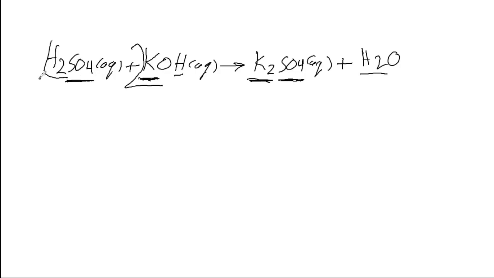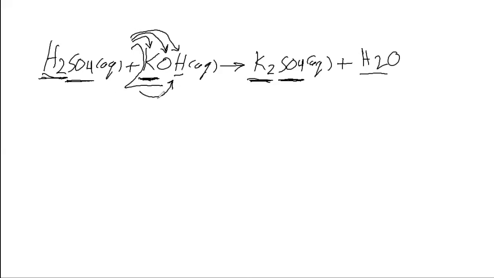Hydrogen on the reacting side, we have 2 here and 2 here, so it will be 4. Look here, guys. The coefficient number multiplies everything on the right side of it. So here we will have 2 oxygen, 2 potassium, 2 oxygen, and 2 hydrogen.